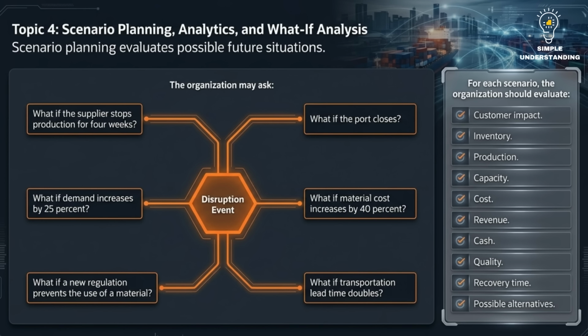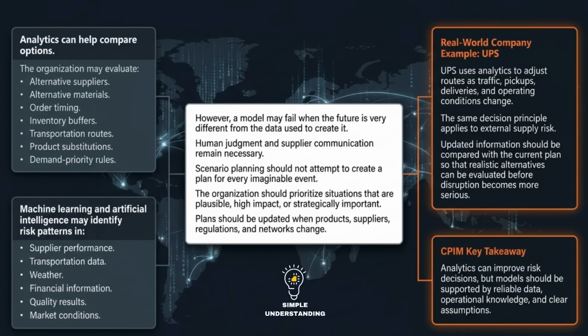For each scenario, the organization should evaluate customer impact, inventory, production, capacity, cost, revenue, cash, quality, recovery time, and possible alternatives. Analytics can help compare options. The organization may evaluate alternative suppliers, alternative materials, order timing, inventory buffers, transportation routes, product substitutions, and demand priority rules.